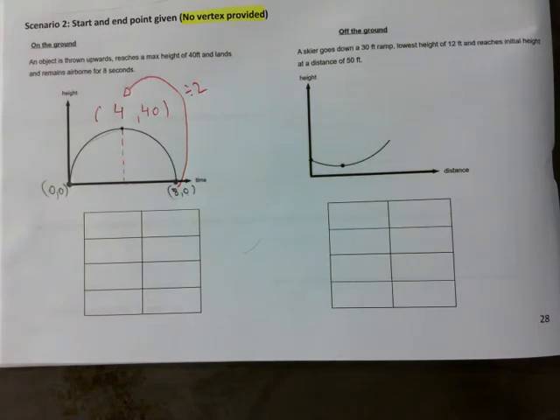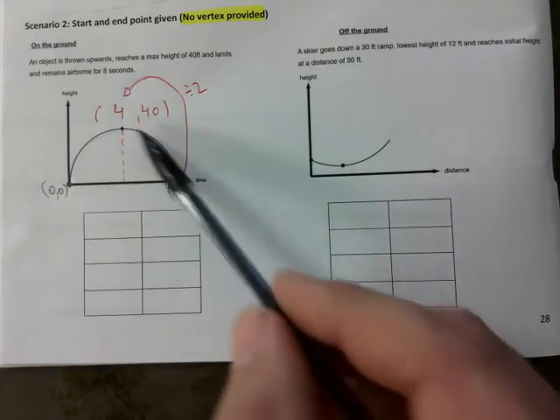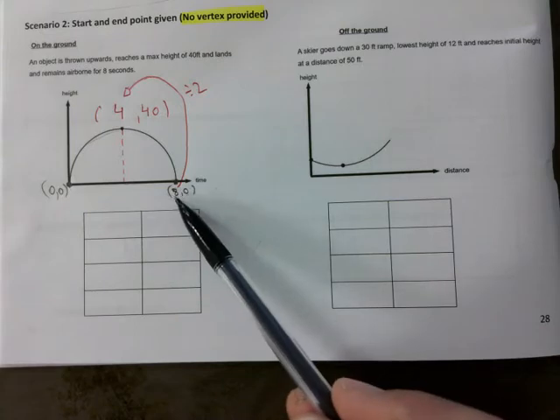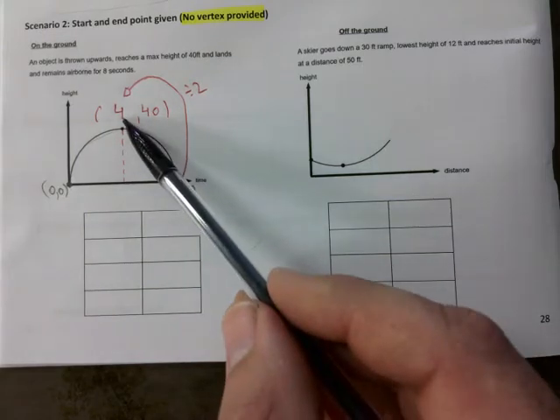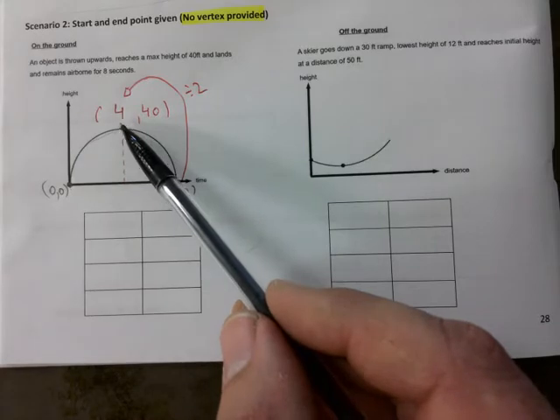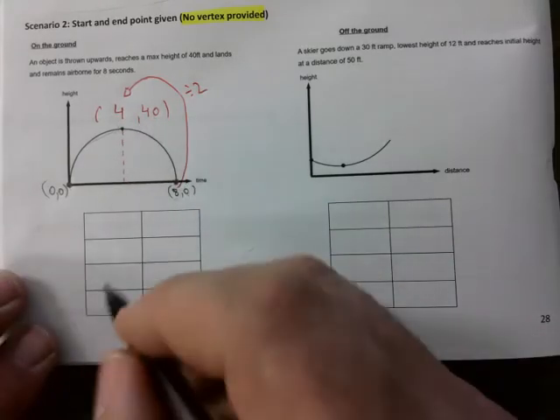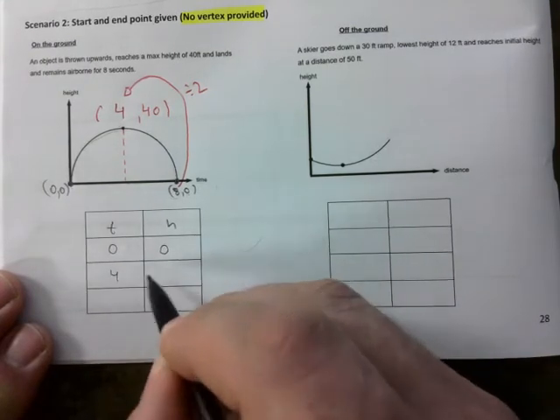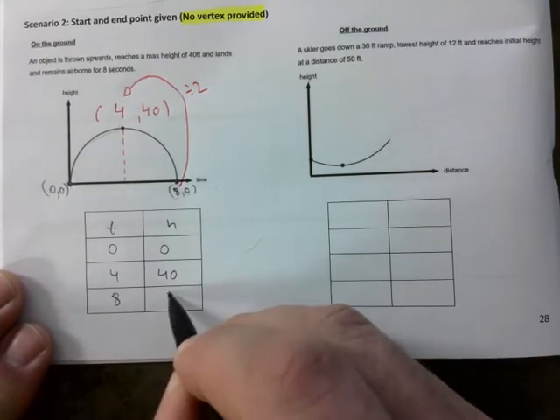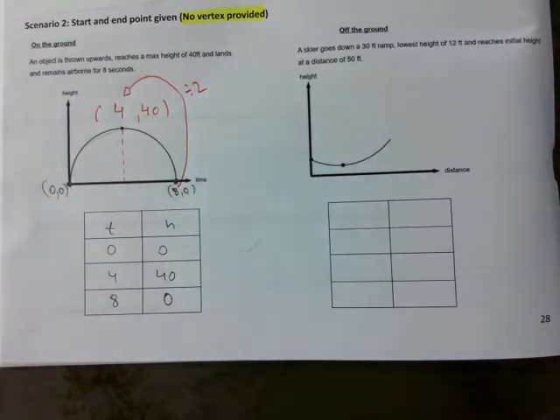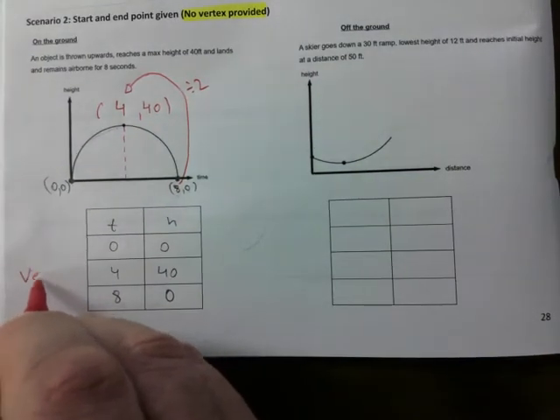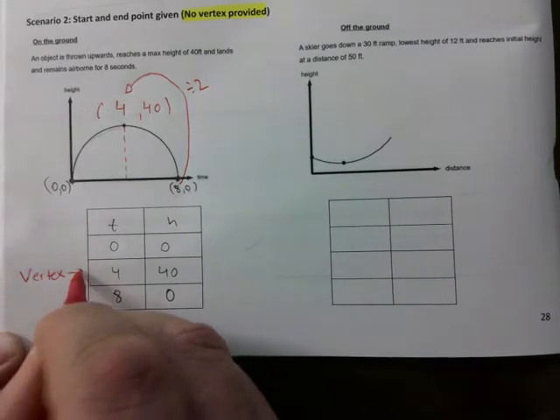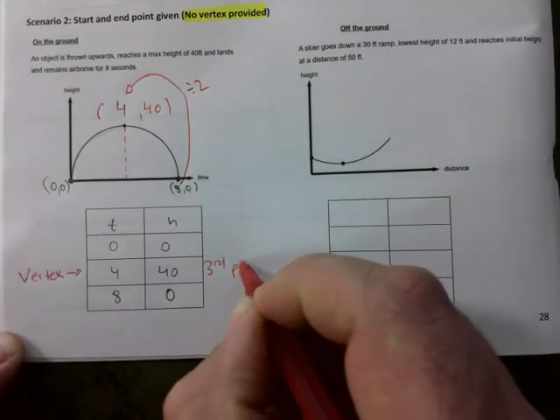Obviously this does not take into account wind or resistance, we're just assuming that it's symmetrical. But if it takes 8 seconds to hit the ground, then at 4 seconds it must have been at the highest point. So that's my third point. So here we go, time and height: 0, 0; 4, 40; 8, 0, right? So this is my third point, the vertex.